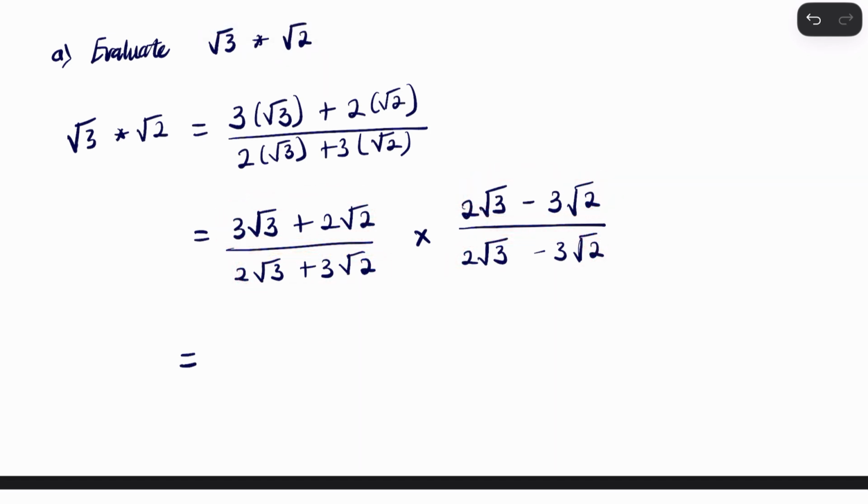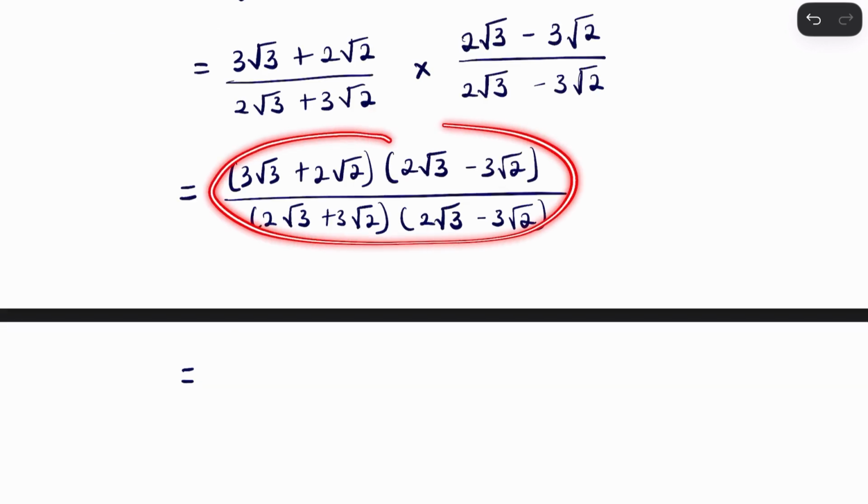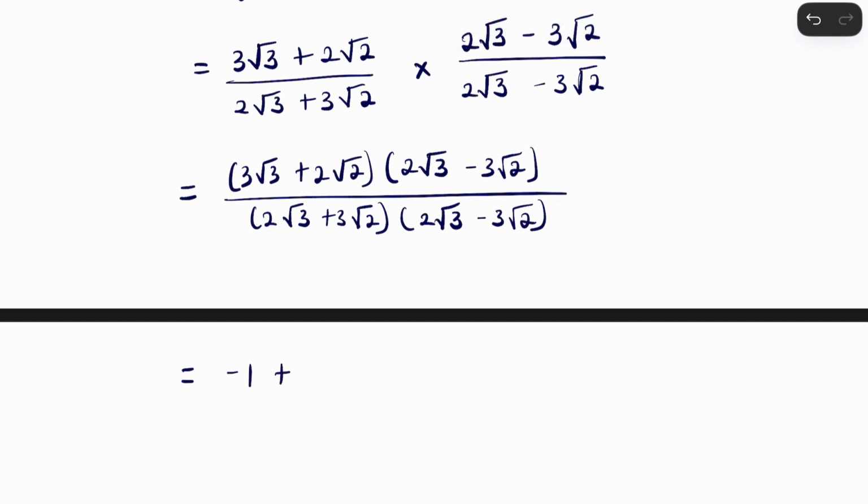So we are going to have 3 square root of 3 plus 2 square root of 2 multiplying 2 square root of 3 minus 3 square root of 2, divided by 2 square root of 3 plus 3 square root of 2 times 2 square root of 3 minus 3 square root of 2. Simplifying this gives minus 1 plus 5 on 6 times the square root of 6.